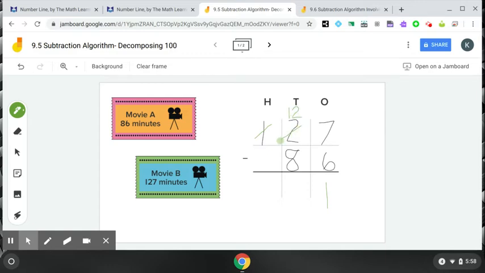So now we renamed 127 to say 12 tens and 7 ones instead of 100, 2 tens, and 7 ones. Still 127, just rearranged in a different way. So now I can take 12 and subtract 8, and I get 4.